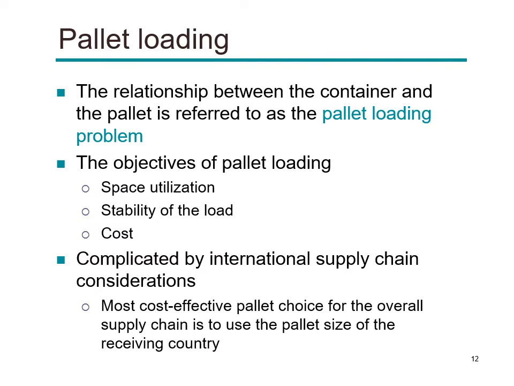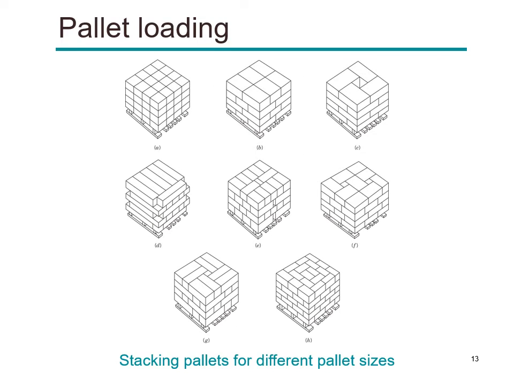and use those standards. These are some different alternatives of loading the pallets, stacking the containers on the pallets. You see in this loading, the space is fully utilized. These are the individual containers.